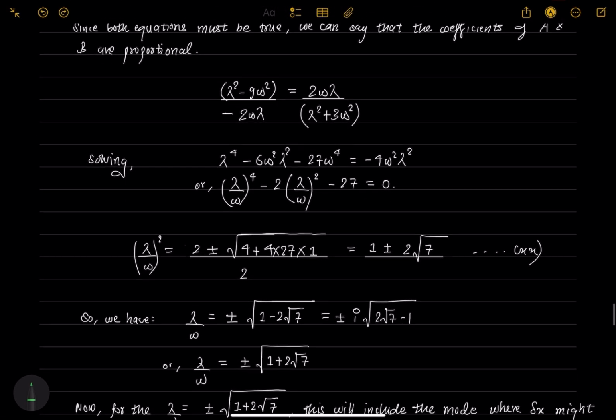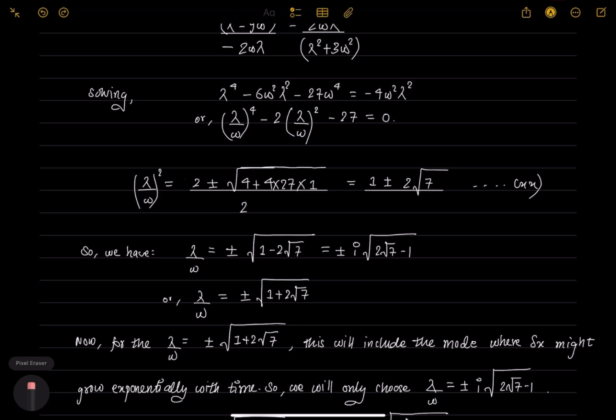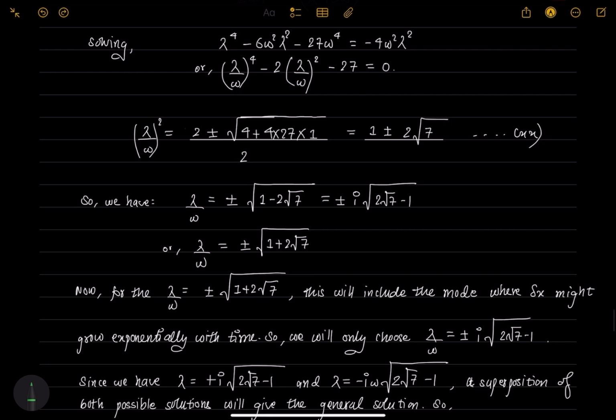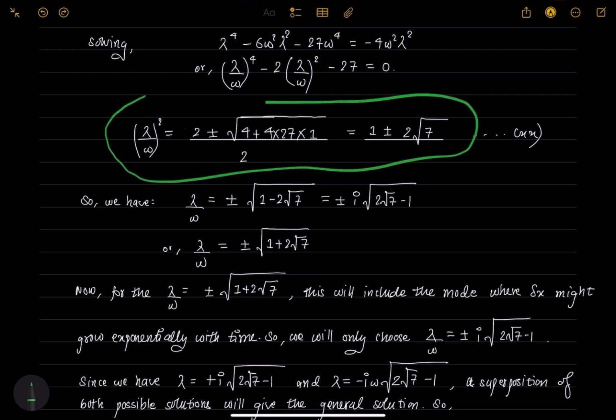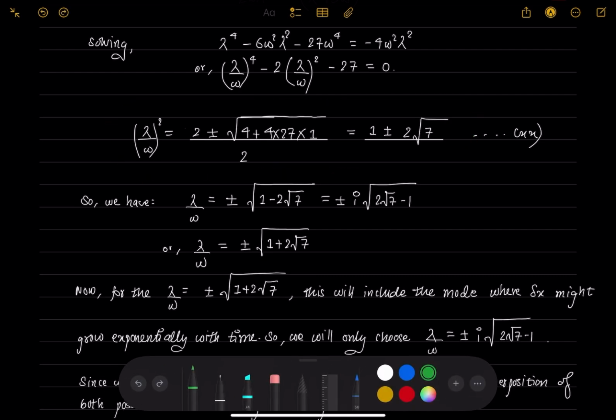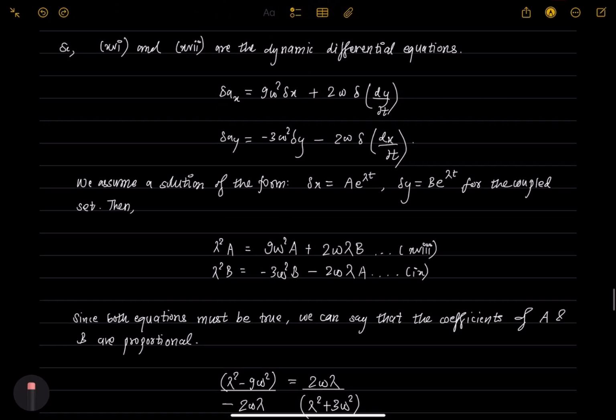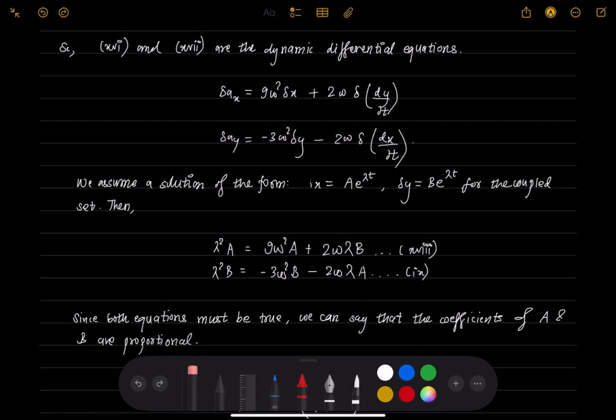And if that is the case, then there do exist values for lambda, which will be given by this equation in terms of omega, for which these solutions for delta x and delta y will indeed be valid solutions.